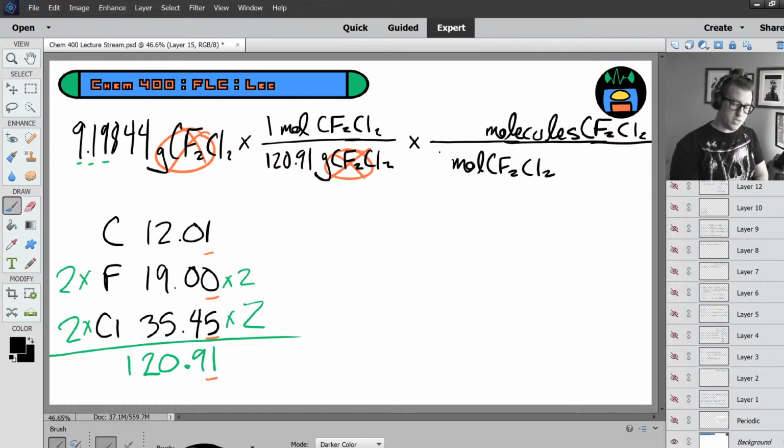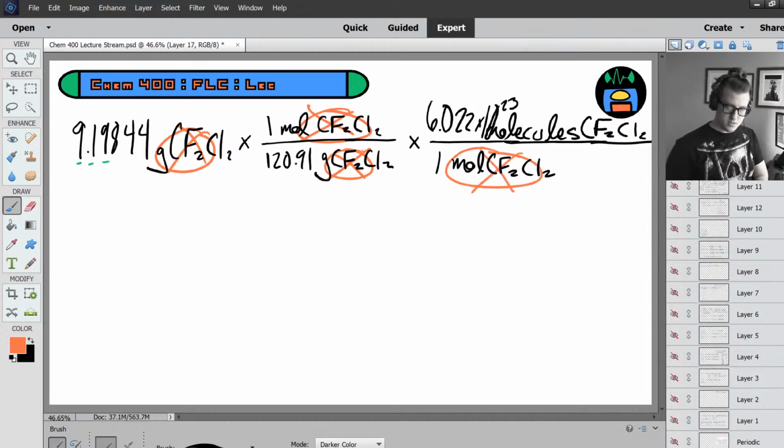And 1 mole has 6.022 times 10 to the 23rd molecules. Now moles here cancel. And now we're ready to crunch our numbers.